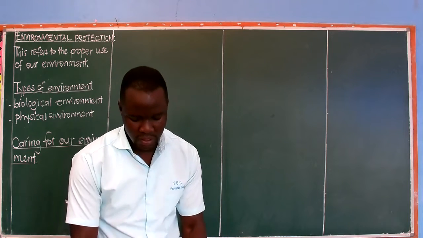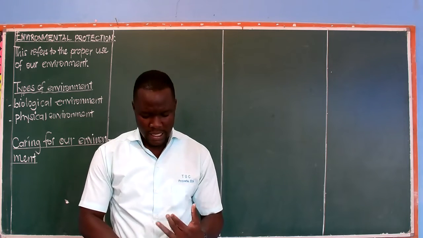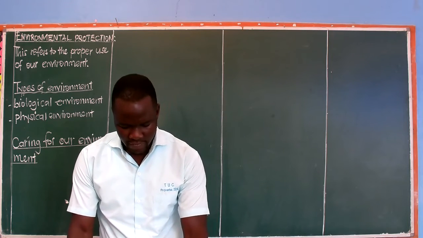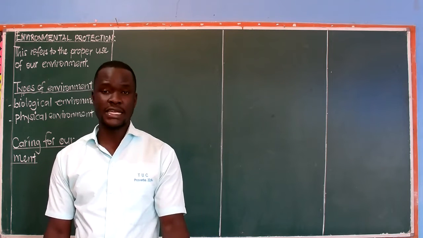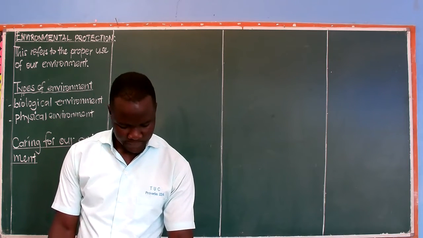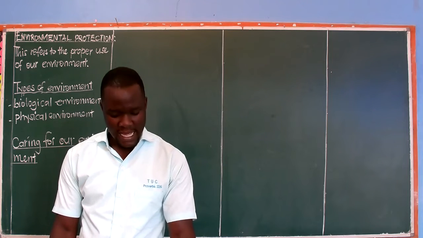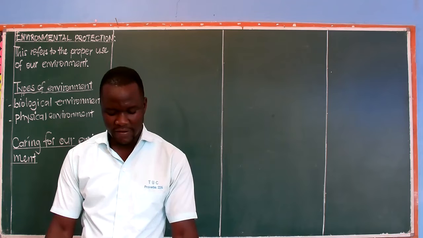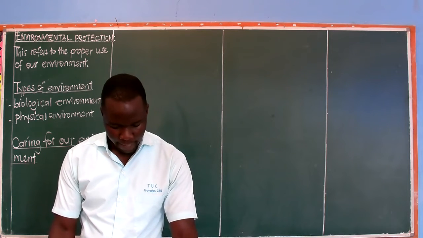This is what we call environmental conservation. How do we conserve the environment? Number one, environmental protection, or avoiding destruction of the environment. We can also care for our environment by having sustainable use of the environment, that is, using it without harming.